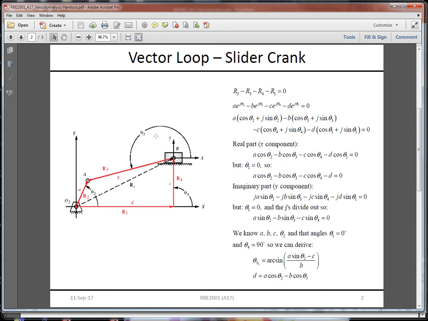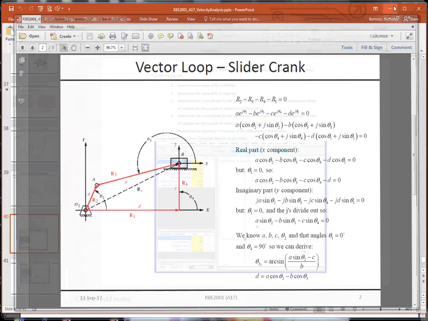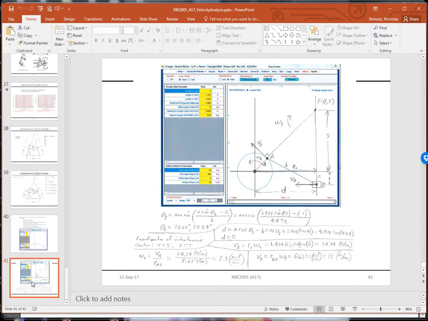We can get theta 3 in D, which is the same as R1 right here. If we go ahead and use these equations, of course we get two possible angles in the solution for this. We want the 153, measured from the positive x-axis over to this link right here. And we also calculate D.